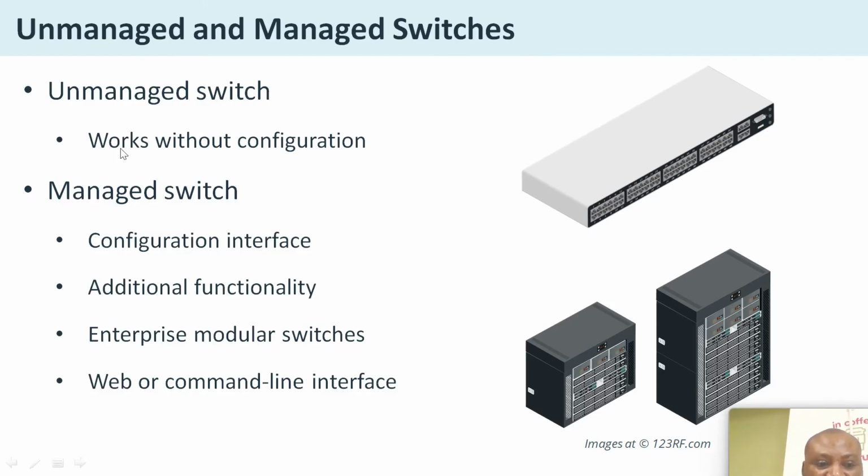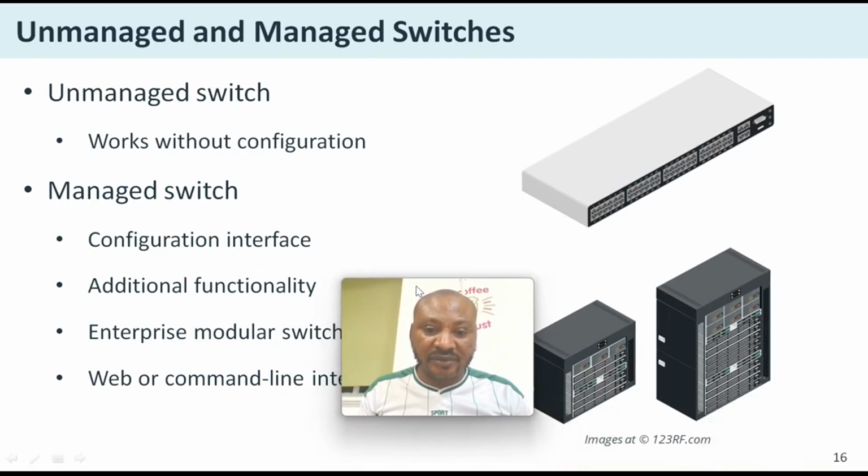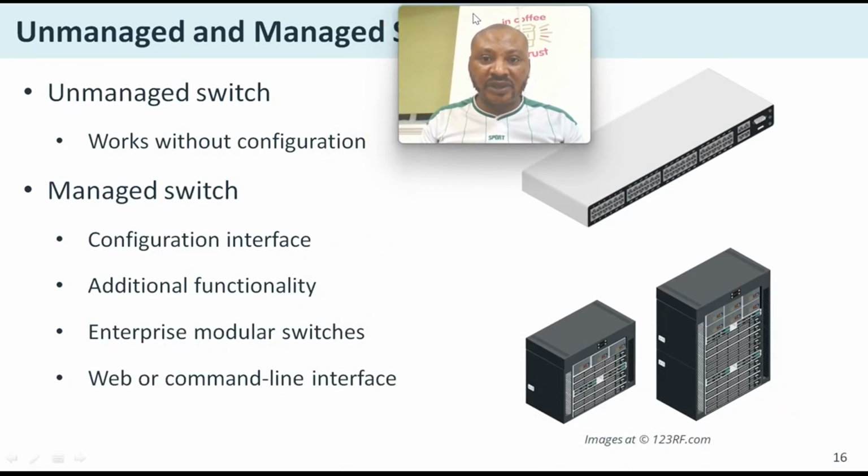But a managed switch, right, is one where even if you plug a cable, you have to go and configure the interfaces. So you have to go and put IP addresses on the switches and configure them. You can create VLANs. It has a web interface or command line where you can write commands. A typical example is Cisco switches, VLANs. If you hear about VLANs, we're going to talk about VLAN. VLAN means virtual LAN.